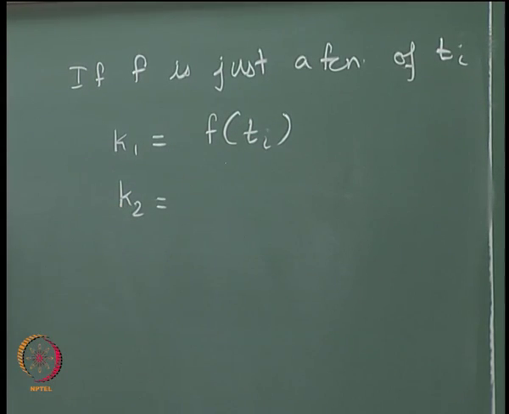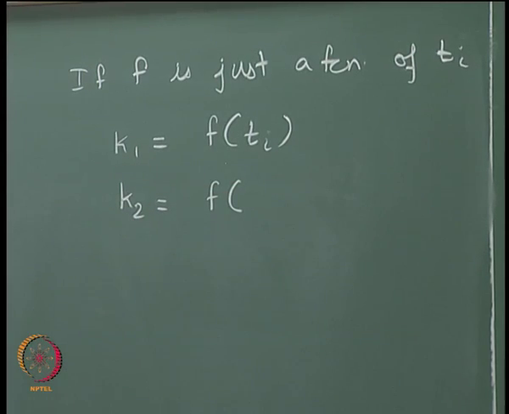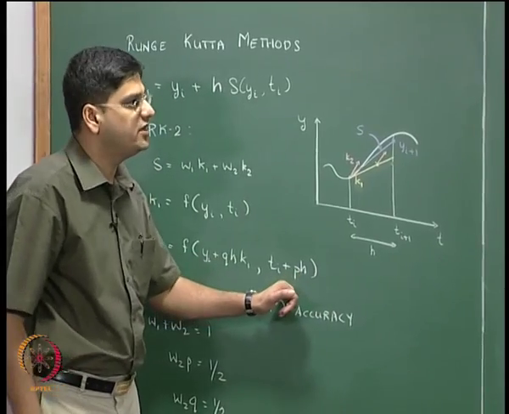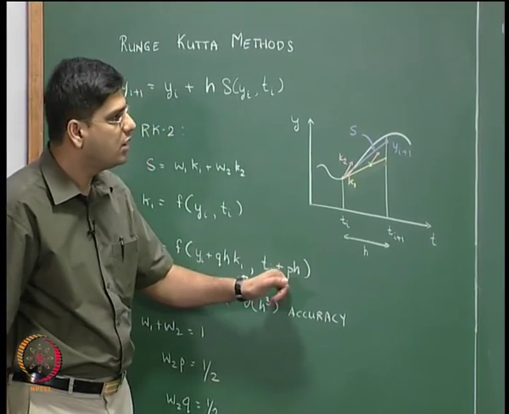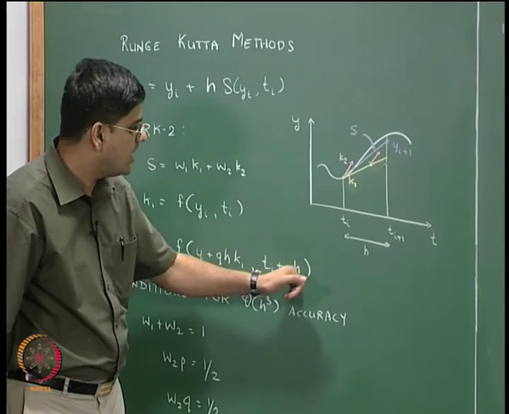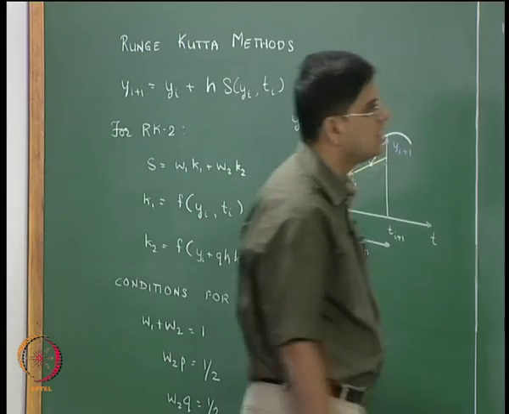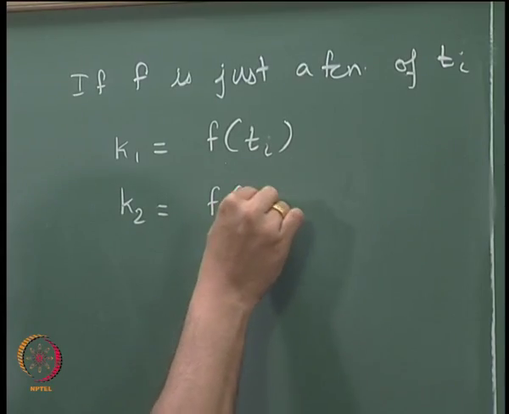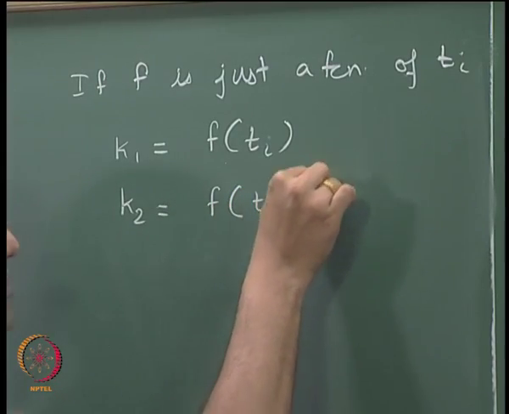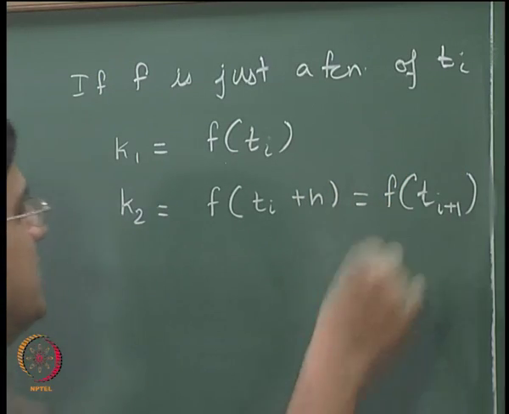For Heun's method we are talking about, k2 is going to be nothing but f of ti plus ph, and p for Heun's method is equal to 1, and so that is going to be ti plus h, okay. So that is f of ti plus h, which is nothing but f of ti plus 1.